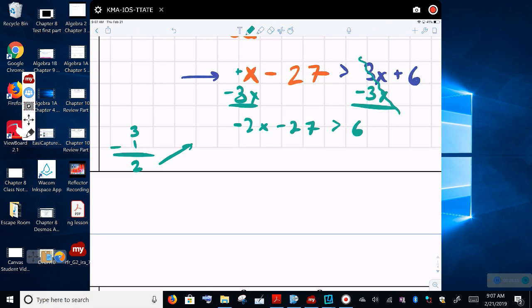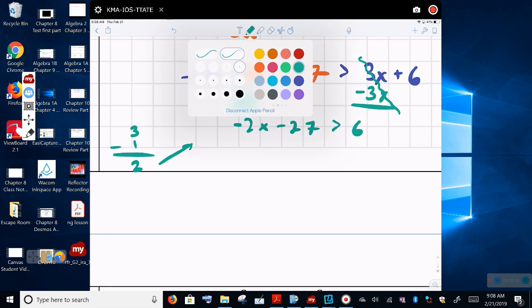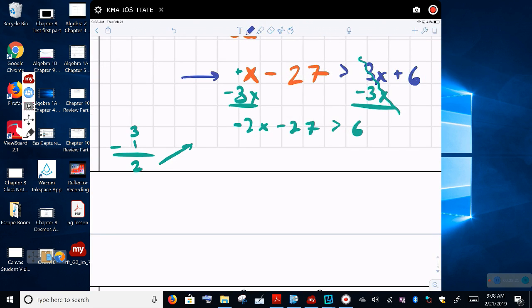What would you do next, Alexia? I will add 27 to both sides. Yes. Add 27. Negative 2x greater than 6 plus 27.